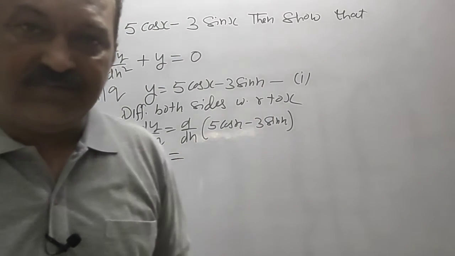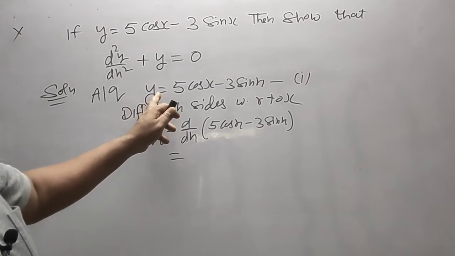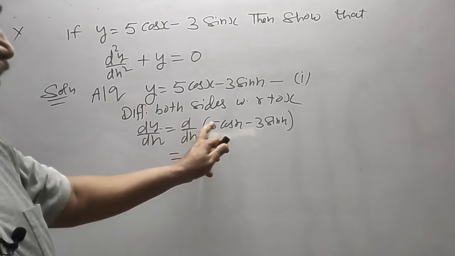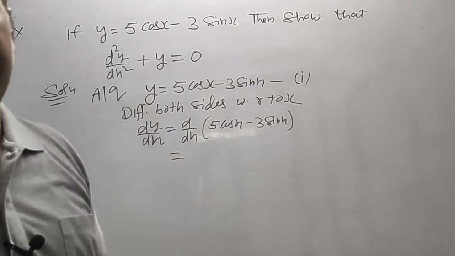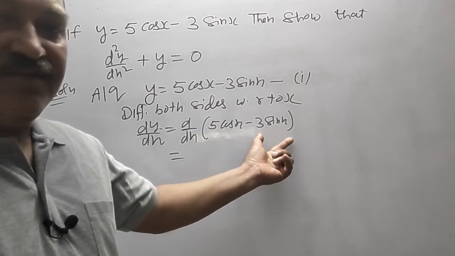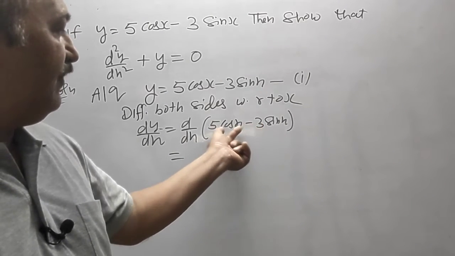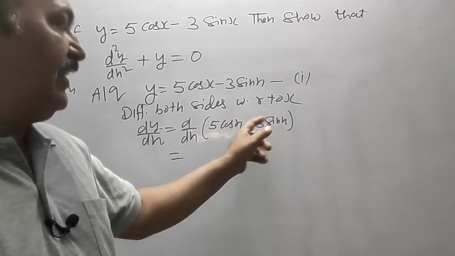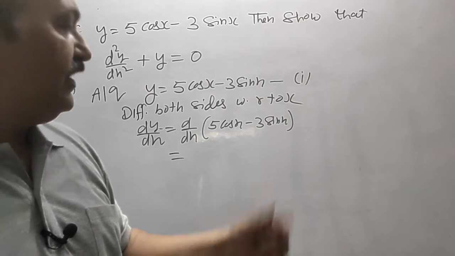Applying the algebra of derivative, derivative of f(x) minus g(x) is equal to derivative of f(x) minus derivative of g(x).